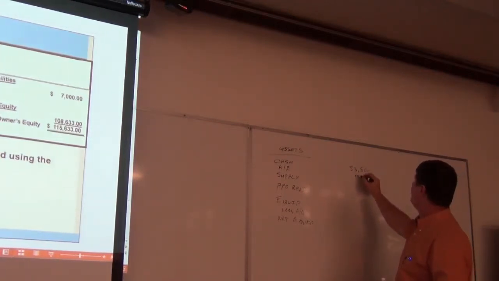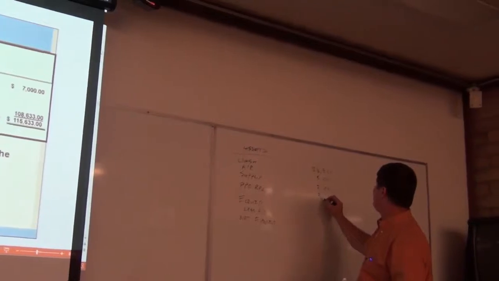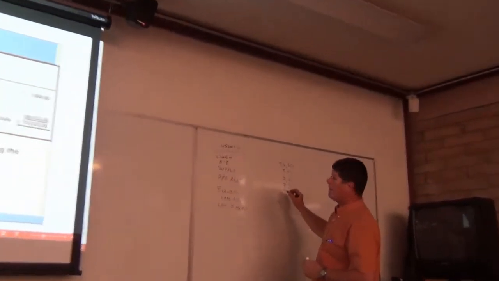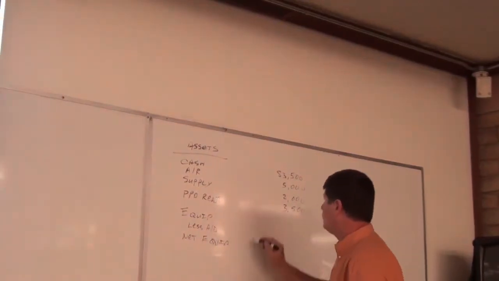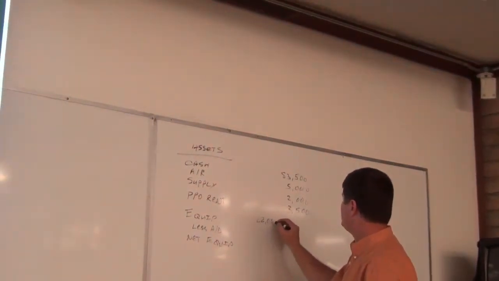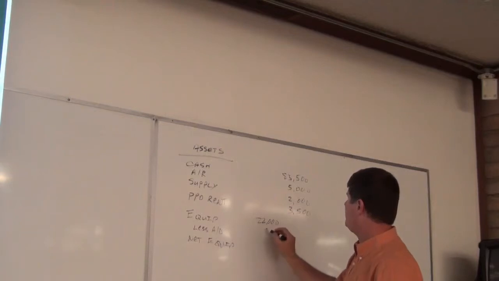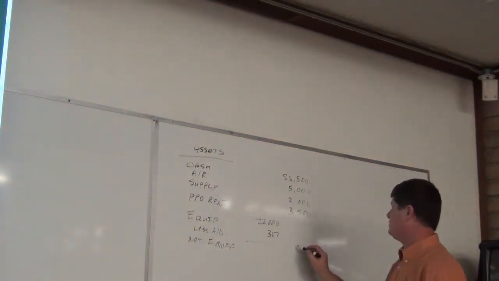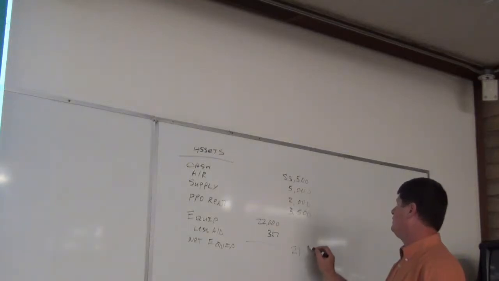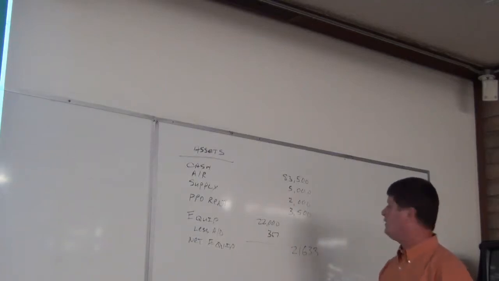Accounts receivable, we have 5,000. Supplies, we have 2,000. Prepaid rent, we have 3,500. Equipment, we have 22,000. Less accumulated depreciation of 367. Net equipment is 21,633, help me out here, 3, 4, 3, good.